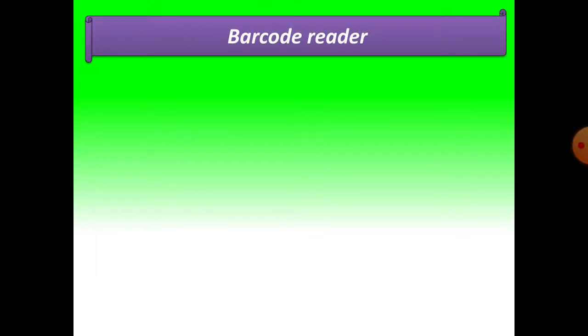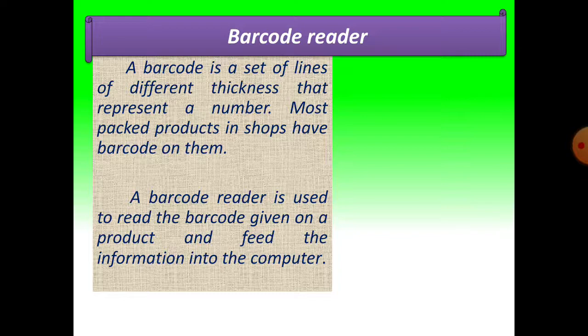Next is barcode reader. First of all, we have to know what is barcode. A barcode is a set of lines of different thickness that represent a number. Most packed products in shops have barcode on them. And what is the function of barcode reader?